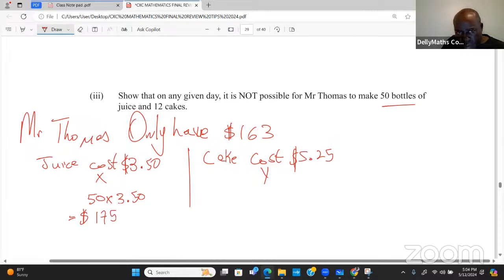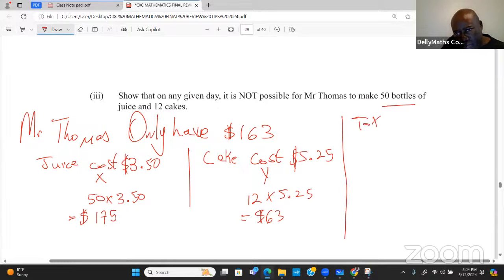Cake is going to be, how many cakes? 12 cakes at $5.25. Let's work that out: 12 times 5.25. Hold on, get my numbers right. I'm getting $63 for this. Now let's combine it, because he's going to do this.